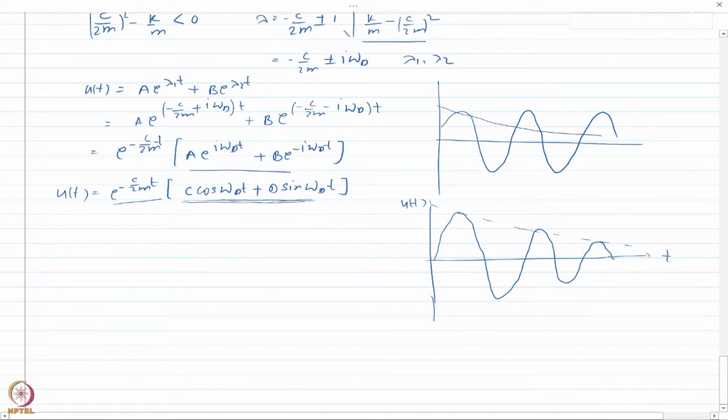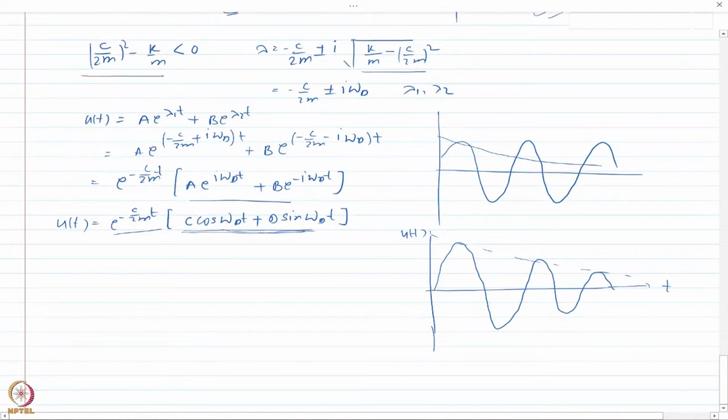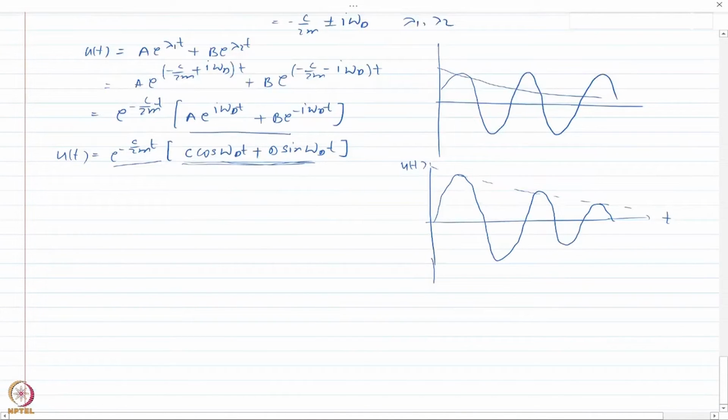So for this condition, when this is satisfied, I get an oscillation, and I can represent the displacement response as this, where the amplitude is decreasing with time, which is due to the damping of the system. So for a damped system, the amplitude is not constant.